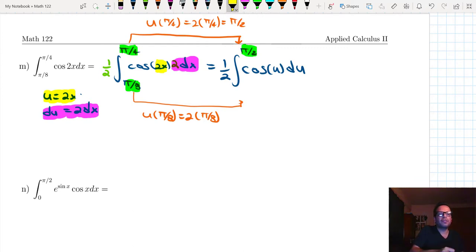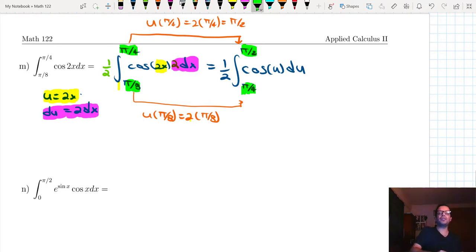We got this from the substitution, right? That means all the x's, not just the variables in the integrand, but also the limits, because these limits, pi over 8 and pi over 4, are limits in terms of x. So we need to change those to terms of u. And 2 pi over 8, that's going to give us pi over 4. All right.